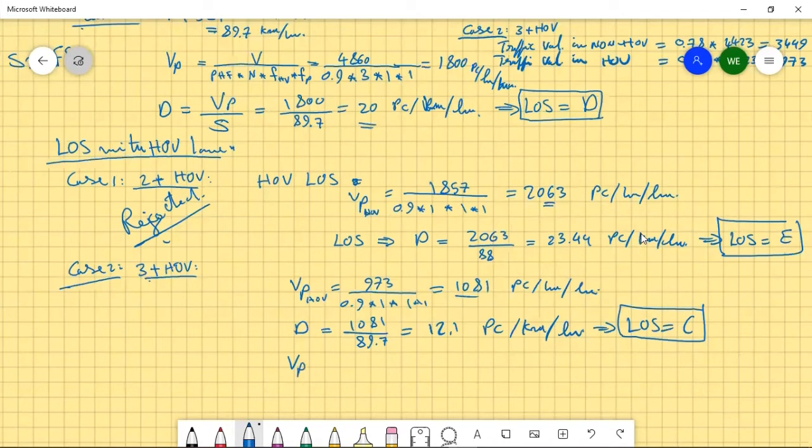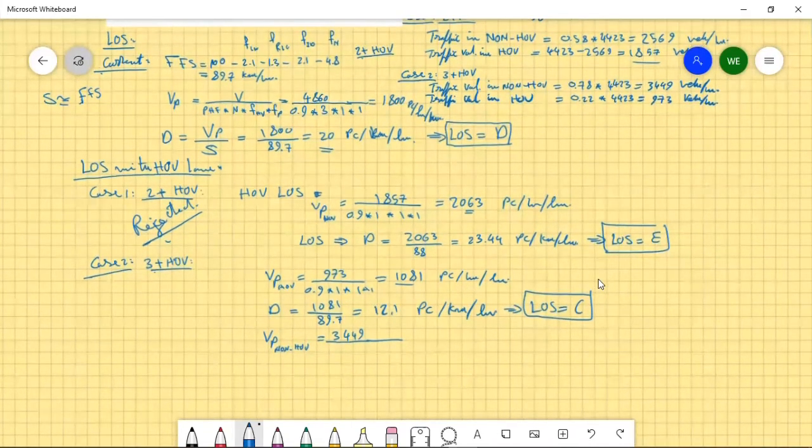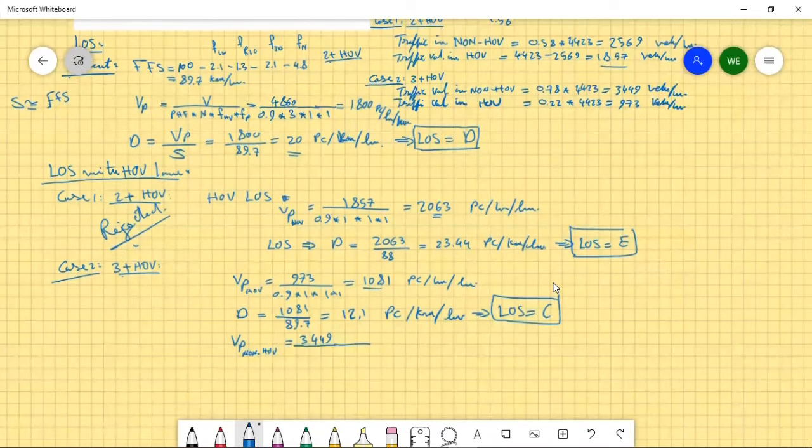So here VB non-HOV equals 3,449 divided by 0.9, multiply 2 lanes, because the remaining are going to be 2 lanes for the non-HOV traffic.